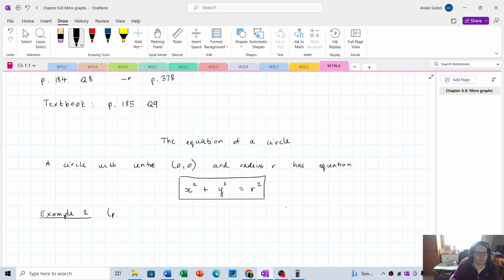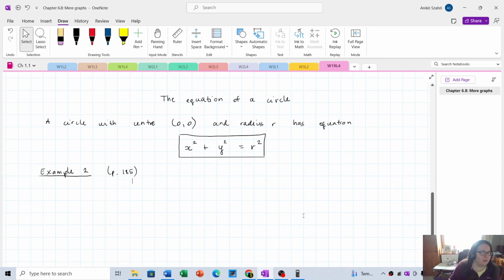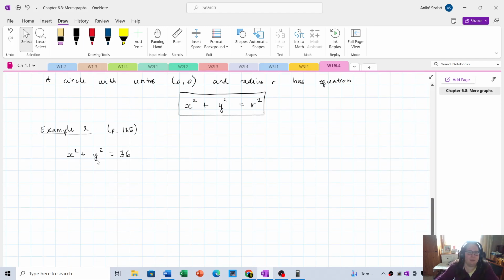At the example on page 185. So it says construct the graph of x squared plus y squared equals 36. So first you look at this, x squared plus y squared, you think only the circle looks like that, nothing else.